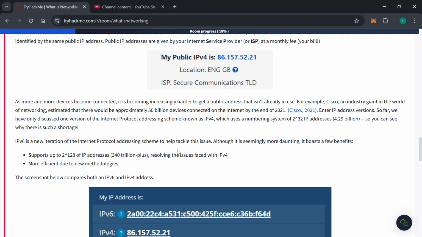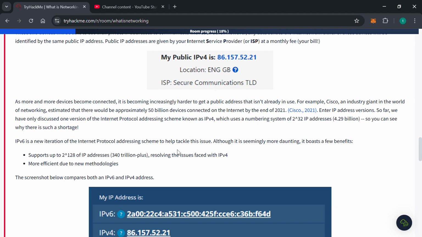Now we have IPv4 and IPv6. IPv4 can take up to 2 raised to the power 32 IP addresses. So that's about 4.29 billion, and that's not enough to go around. We know the number of humans on the planet, so you can see that there is a shortage.